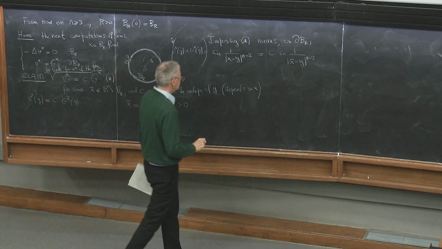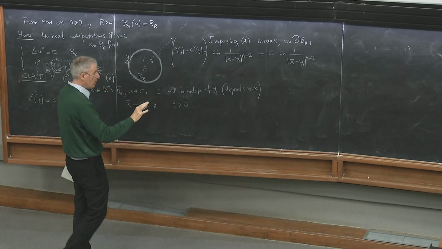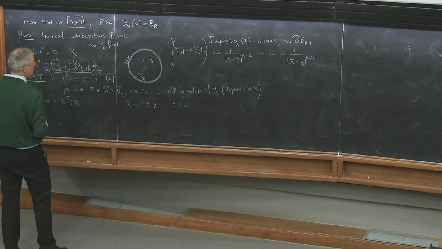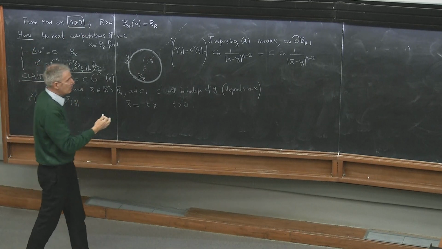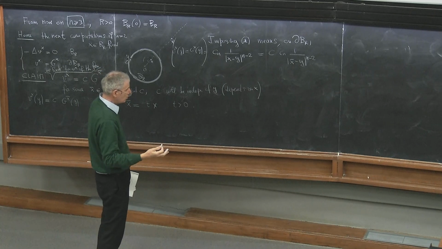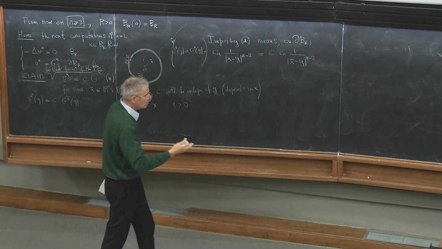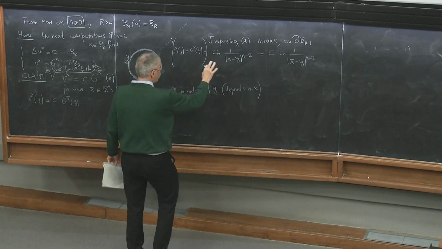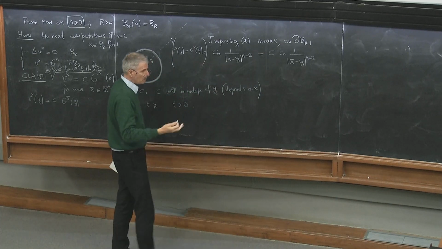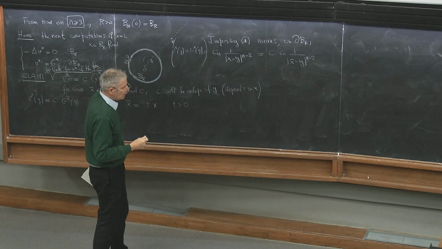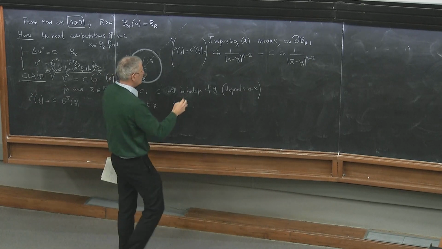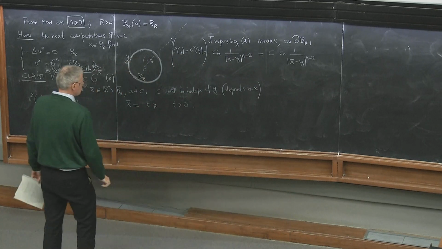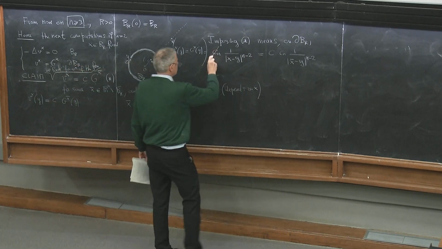Remember that if you want to do this kind of computation in 2 dimensions, so we are assuming n larger or equal than 3. But suppose that you want to do the same computation in 2 dimensions, that actually is a good home exercise in order to reach the same conclusion there. You don't have to write this, you have to write the potential, the logarithmic functions, no? Logarithm. So then this doesn't matter.